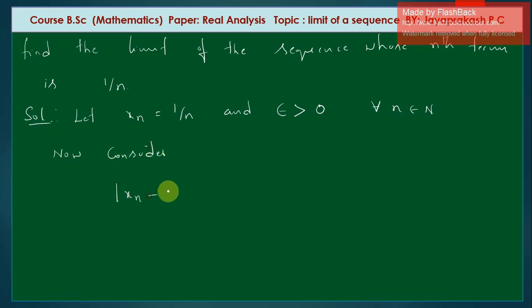modulus of xn minus 0. What is the value of xn? It is 1 by n minus 0, which is equal to 1 by n, less than epsilon.